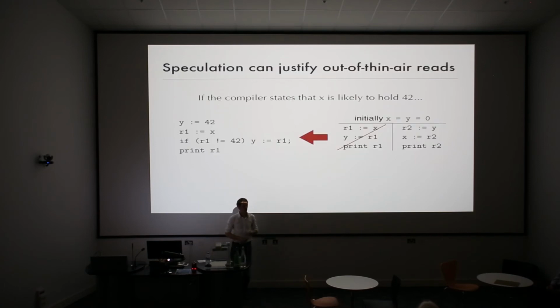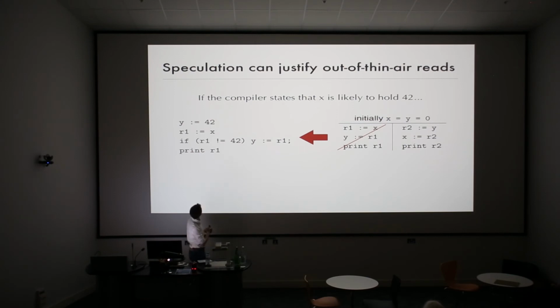Can we justify this in terms of compiler optimizations? The answer is, if you are bad guys, yes. Because imagine that the compiler thinks x is likely to hold 42, then it might do some kind of speculation like, instead of copying x into y, it says y is 42, let's guess. And then I read x, and if by any chance I was mistaken, let's fix my mistake.